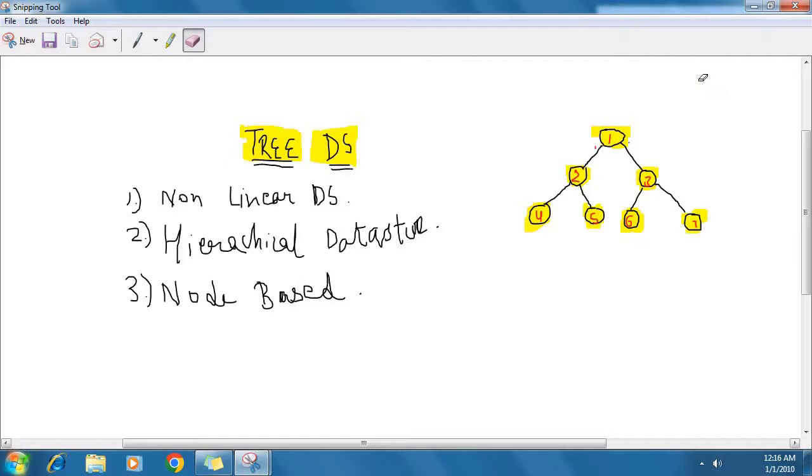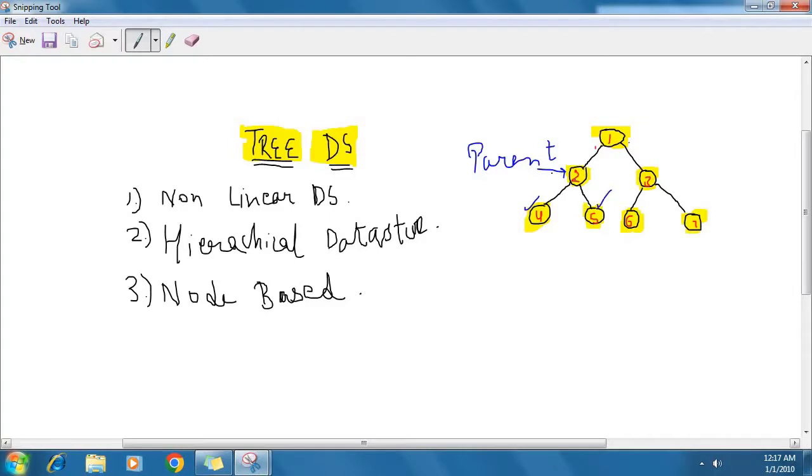So let us understand what a parent-child relationship is. Let us suppose this is a parent node. If this node is a parent node, then this will be a child of this parent, and this will also be a child of this parent.